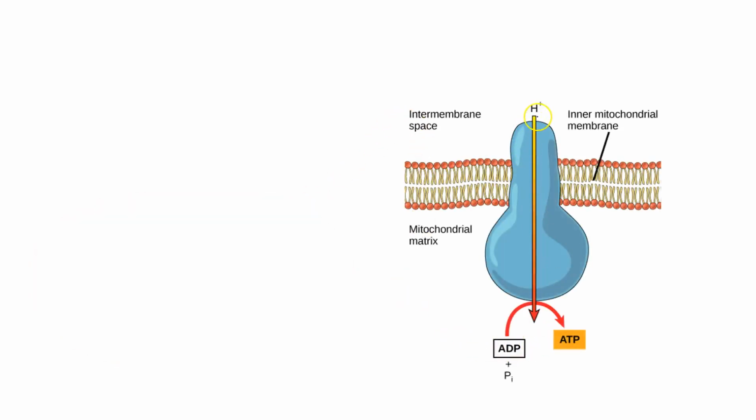How it works, though, the thing that drives them or fuels them is that hydrogen ions will flow through the ATP synthase, and when they do, the energy of those ions flowing through is going to take an inorganic phosphate and add it to an ADP, and when you do that, voila, you make ATP. Okay, so on the surface this seems very simple, but the thing that's going to get complicated is to supply these hydrogen ions in the first place. To make this whole pump go, there has to be what's called a proton gradient.